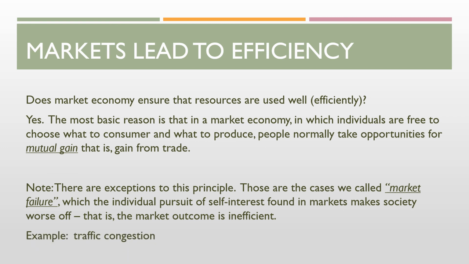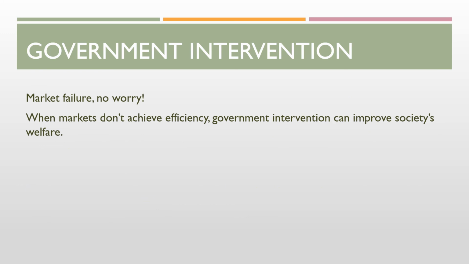Traffic congestion is basically one of the best examples of how people make an irrational choice of going to the roads at the same time. However, when we face a market failure, we don't panic and say that we are heading toward the end of the world.